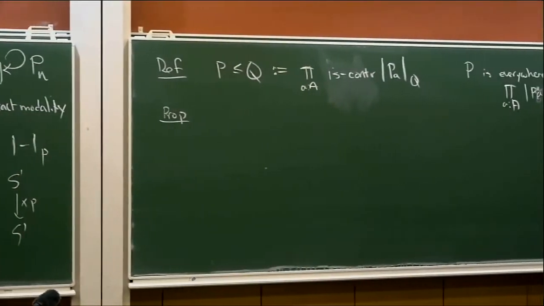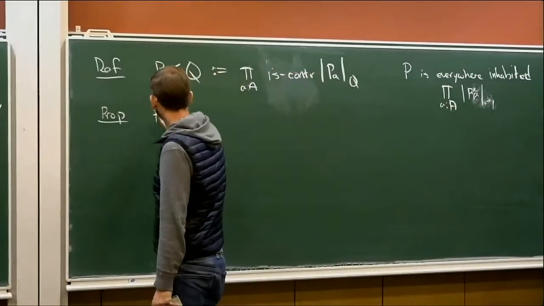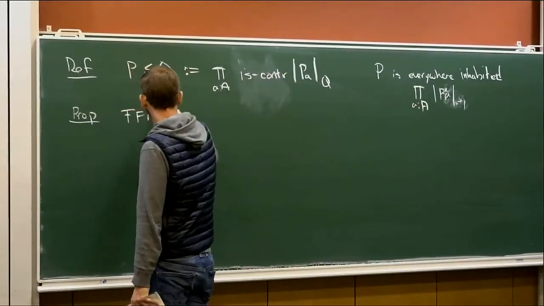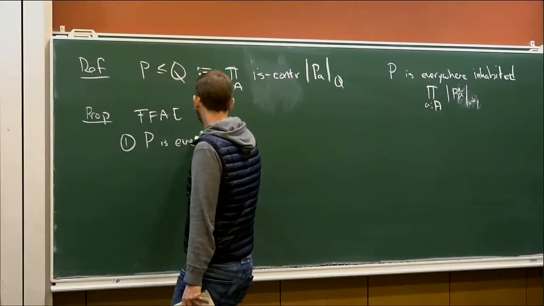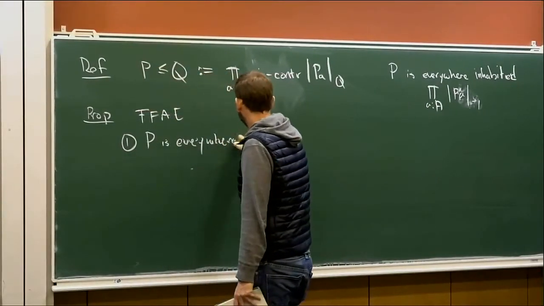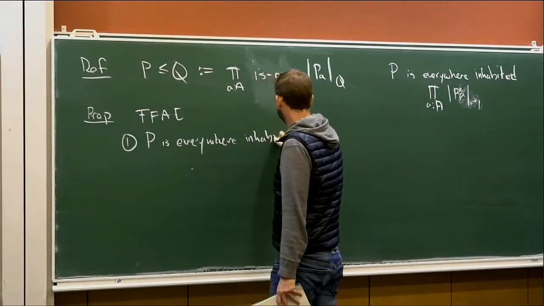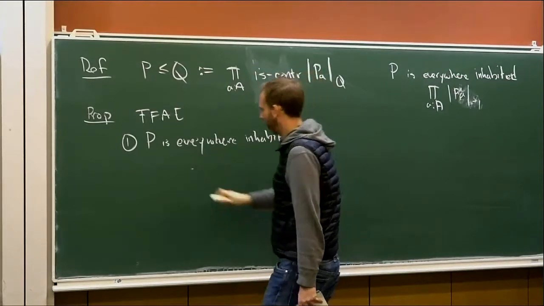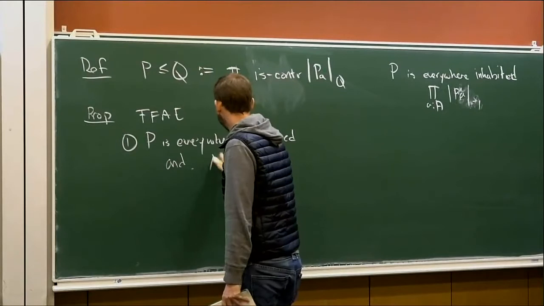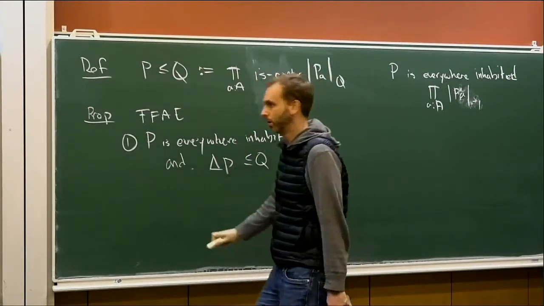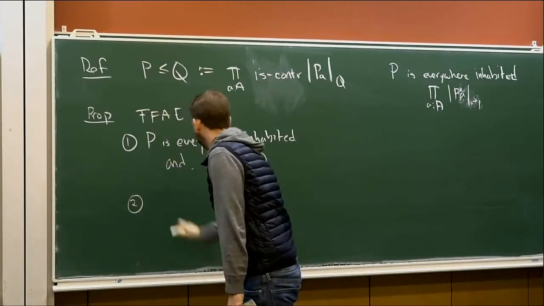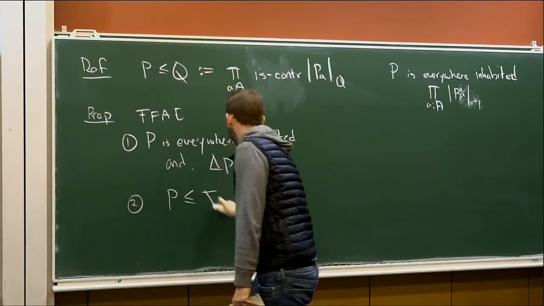Okay, so the following are equivalent. P is everywhere inhabited, and the diagonal of P is less than or equal to Q, or Q of P is less than or equal to the codiagonal.